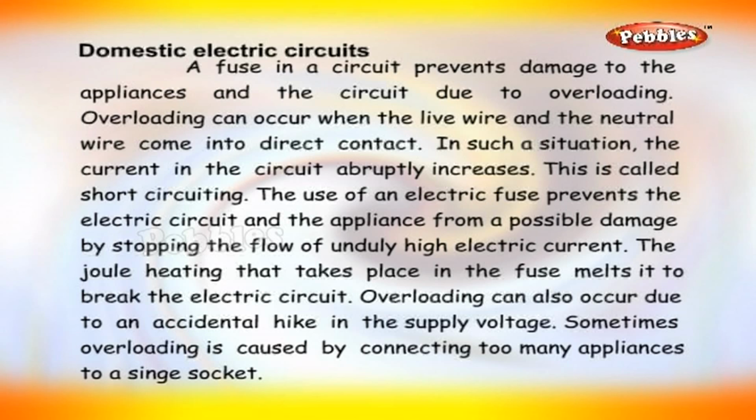The use of an electric fuse prevents the electric circuit and the appliance from a possible damage by stopping the flow of unduly high electric current. The Joule heating that takes place in the fuse melts it to break the electric circuit. Overloading can also occur due to an accidental hike in the supply voltage. Sometimes overloading is caused by connecting too many appliances to a single socket.